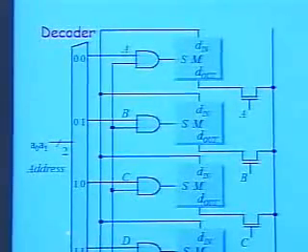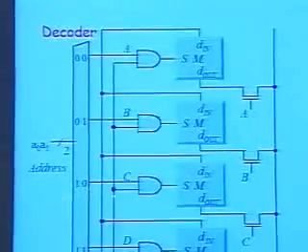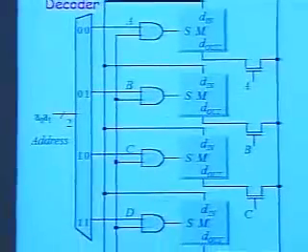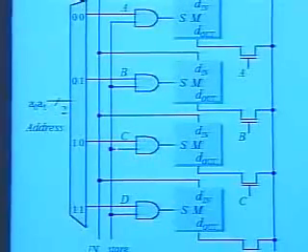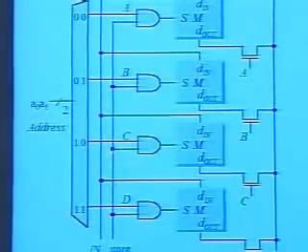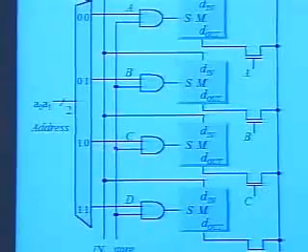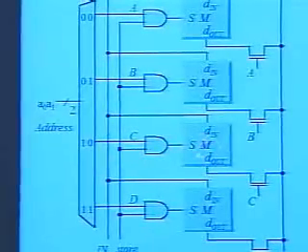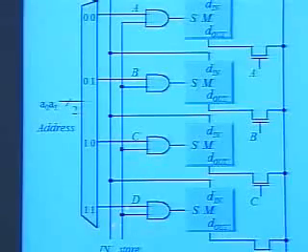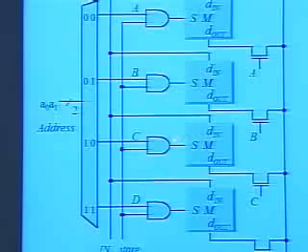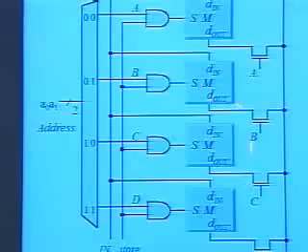So if, for example, we have a 1, 0, the only AND input that is going to be high is going to be this one. And that means the only cell that will look at the input when the store comes up is going to be this one here.